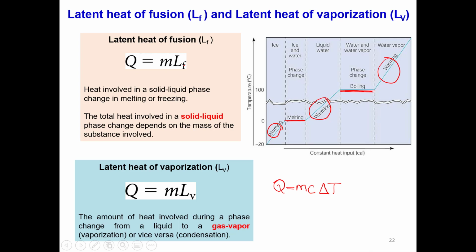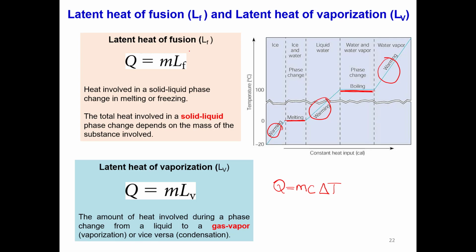With this equation, you calculate the total heat involved in solid to liquid, or liquid to solid. It is the same number; just change whether the heat is absorbed or released. And we can see this heat depends just on the mass of the material and the latent heat of fusion of that particular material.